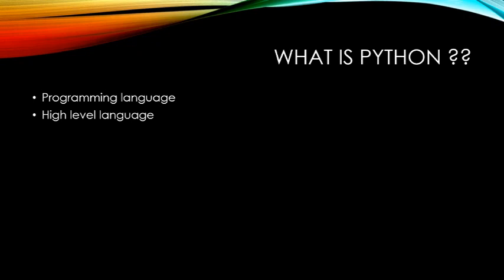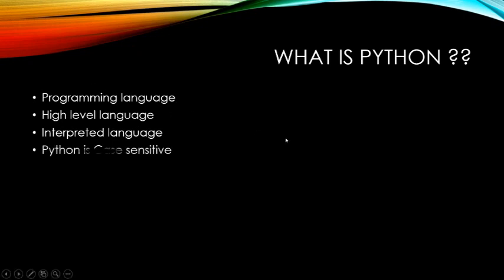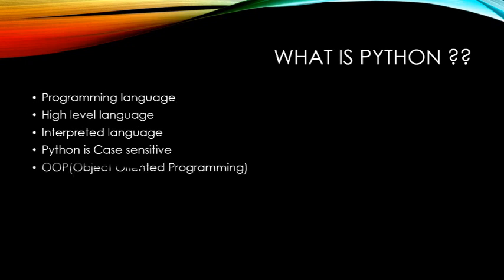Third, it's an interpreted language, which means the machine runs one instruction at a time. If there are 5 instructions written, they will execute one by one. The fourth thing, Python is a case sensitive language. And the last, it's an object oriented programming language.